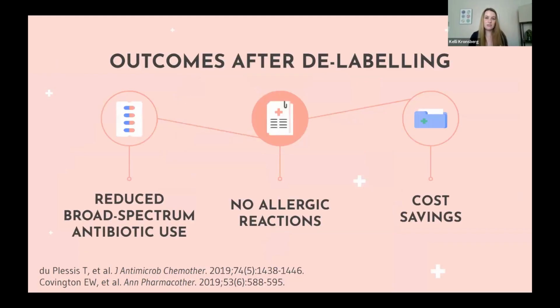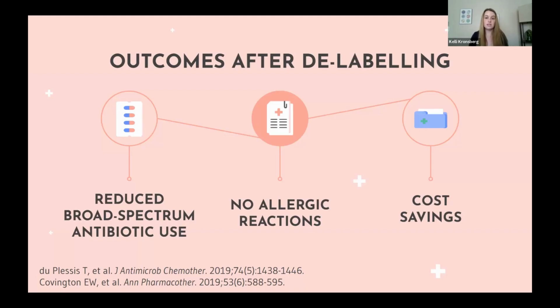And I would be remiss if I didn't discuss what sort of outcomes we see after removing a penicillin allergy. There's two studies that have looked at this specifically that I wanted to include, and they had similar findings. The first is there's lower rates of broad spectrum antibiotic use, lower rates of fluoroquinolone specifically, as well as vancomycin and clindamycin.